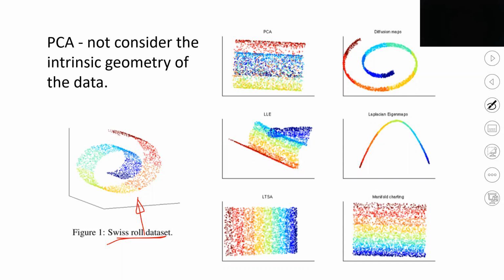If you have a method which can project this correctly, because you have a color label between the distance between data points, your outcome, for example this manifold charting, should have separation of these different colors, this rainbow of colors. So you see, this is okay, this is okay, this is okay. So those are the manifold learning algorithms. But the PCA will not.